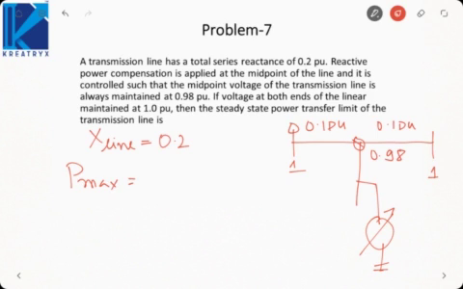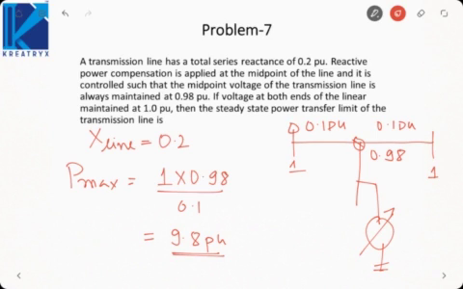So Pmax will be 1 into 0.98 divided by the reactance 0.1, which is equal to 9.8 pu. So this will be the maximum power transfer limit of the transmission line. That is why SVC was increasing the power transfer capability of the system.